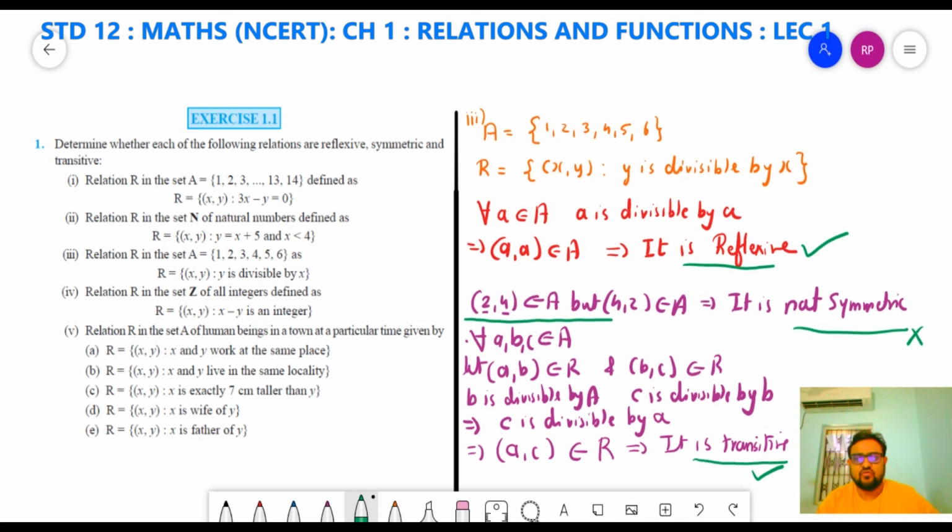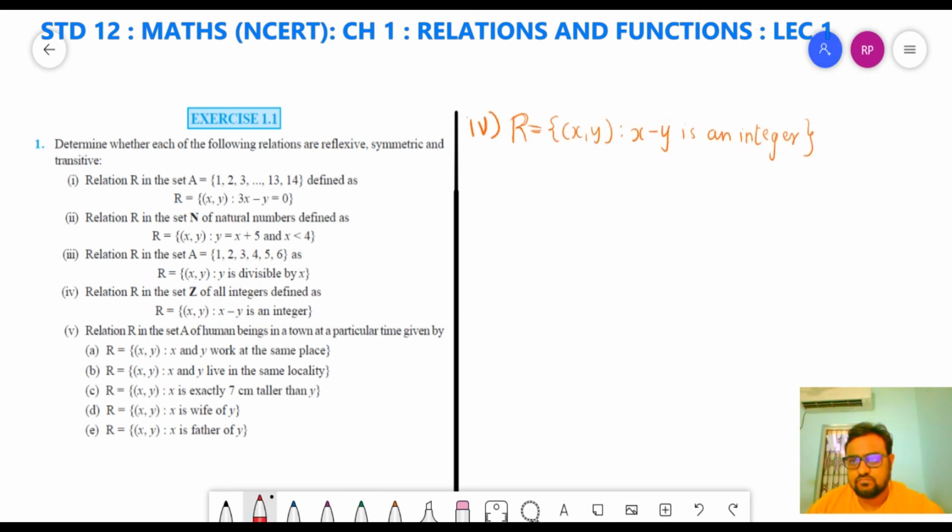That is question number 4. Question number 4 of first: the relation is on set Z, means all the integers. Now R is (x, y) such that x minus y is an integer, right?